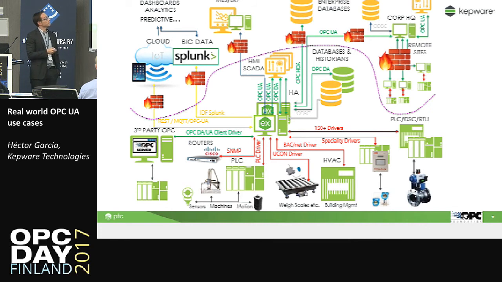We have a special link for that, the industrial data forwarder for Splunk, and we can also send information to the cloud using RESTful services, the MQTT protocol, or OPC UA, for example, to different platforms like ThingWorx by PTC, or any other platform that may reside in Microsoft Azure, Amazon Web Services, Google Cloud, or whatever, because all of them will implement these different protocols.